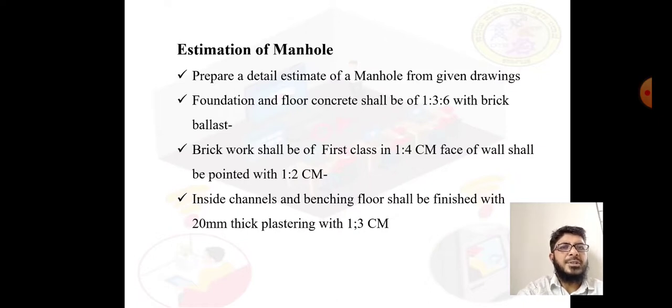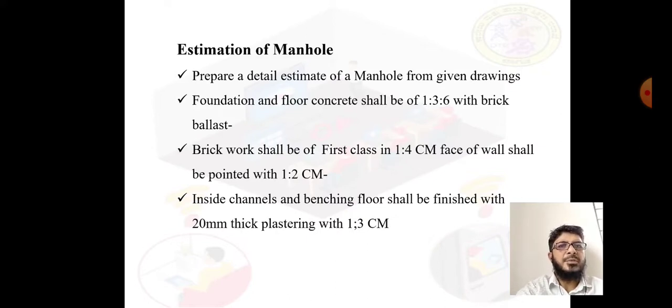Brickwork shall be of first class in 1:4 cement mortar. Face of wall shall be pointed with 1:2 cement mortar. Then inside channels and benching floor shall be finished with 20 mm thick plastering with 1:3 cement mortar.